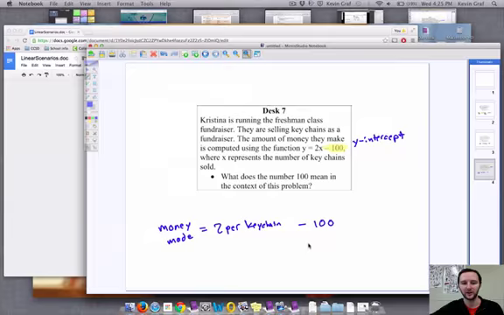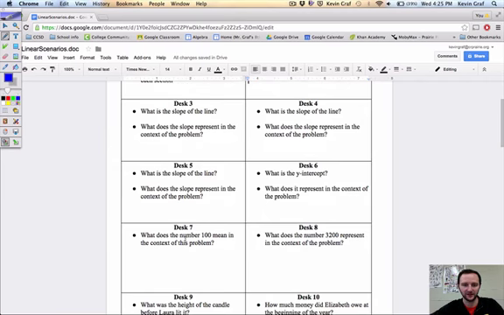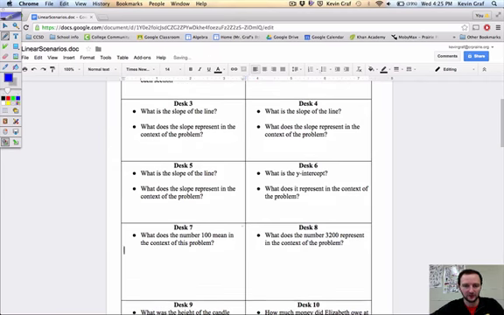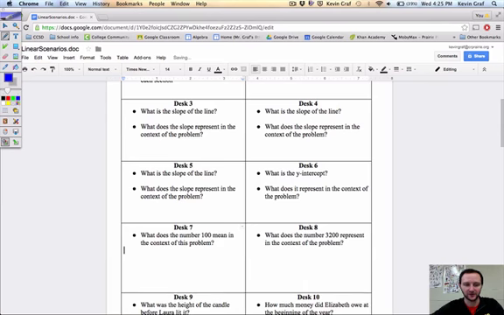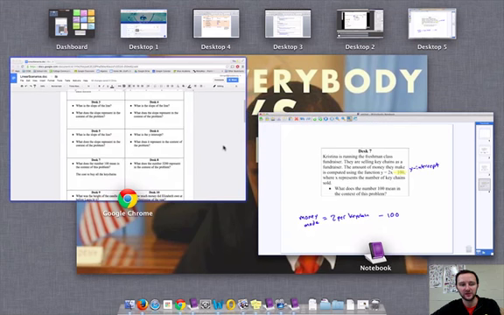So this negative 100 here is really the cost to buy all the keychains, right? Because they start off at negative $100 for buying them all, and then slowly they regain their money as they sell.